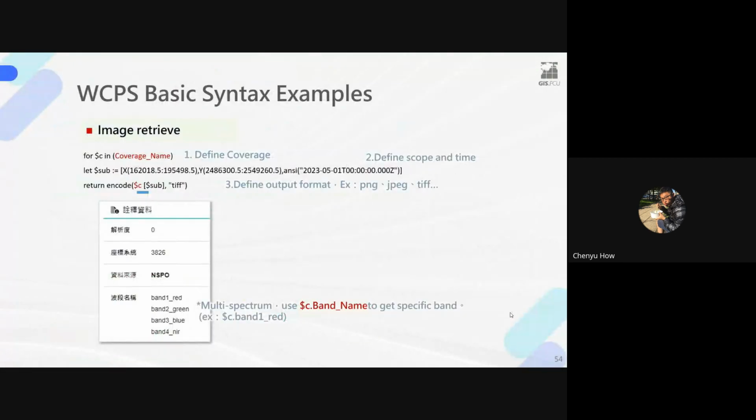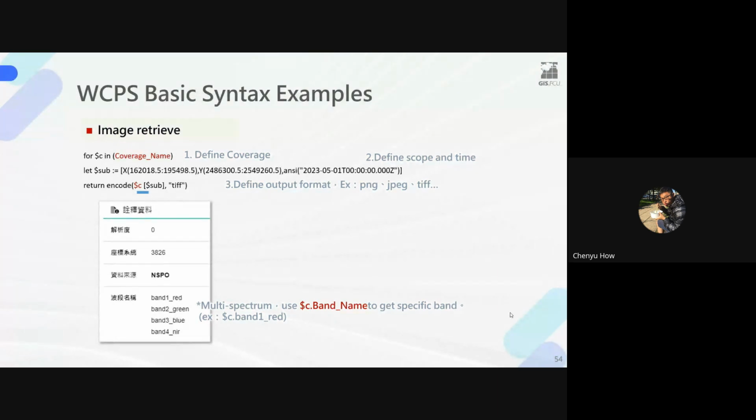And here are some WCPS basic syntax examples. I didn't put too much, but just some examples for you to understand how to write a simple WCPS query. And this is the image retrieval process.